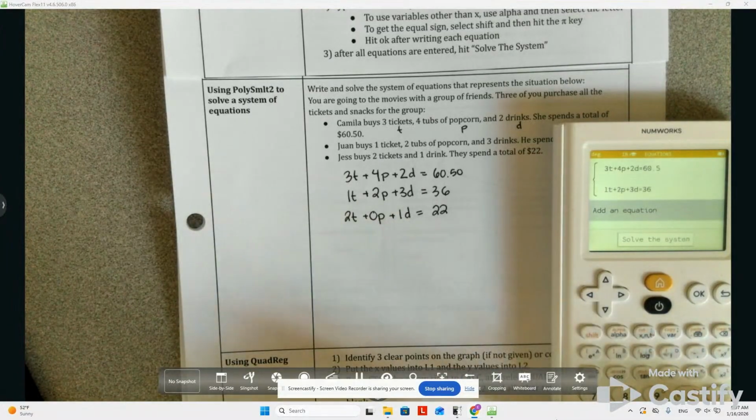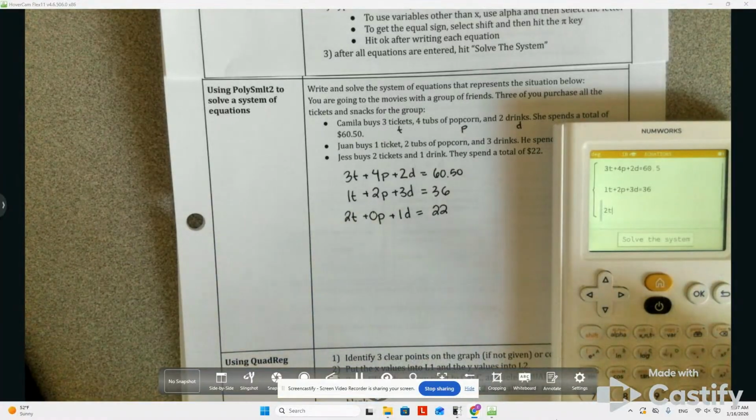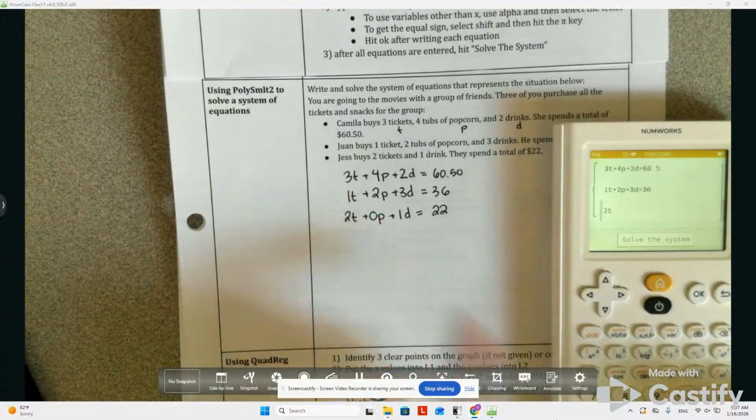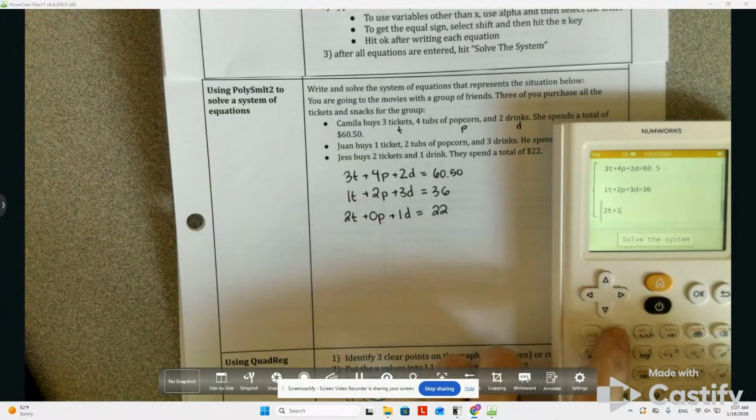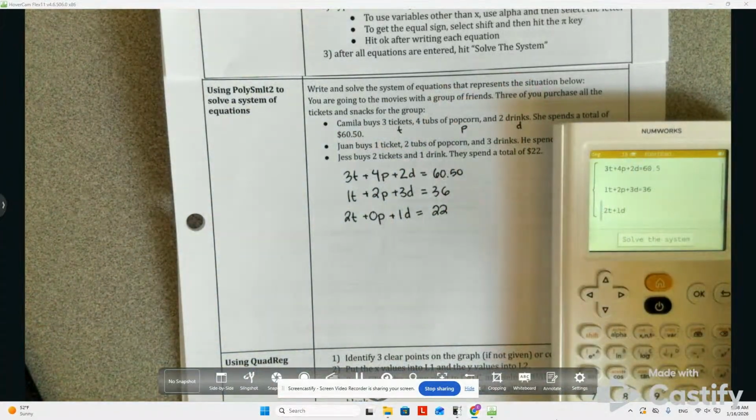And then lastly, 2 alpha t. Here, I don't need to write 0p. I can just do plus 1 alpha d. It won't get mad at us. These equations can be in any format we want for Numworks.